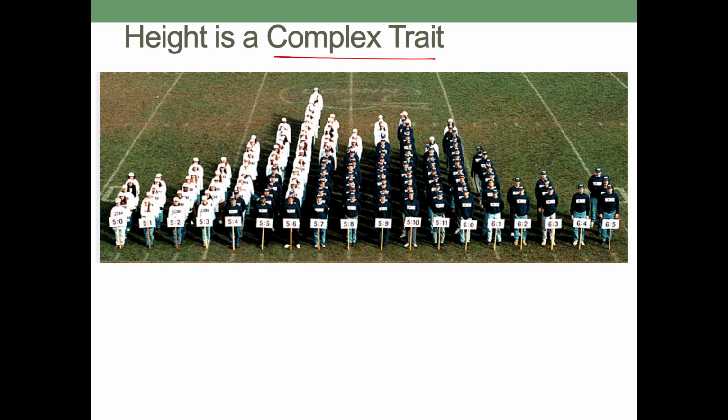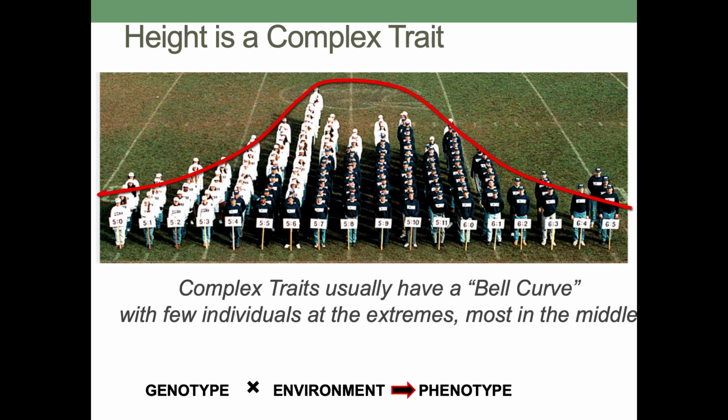And they're complex traits because they're not dichotomous. In humans, for example, if we think about height, we don't have tall and short humans. We have a range of human heights that varies continuously from the low end to the high end. And so usually complex traits have a continuous distribution.